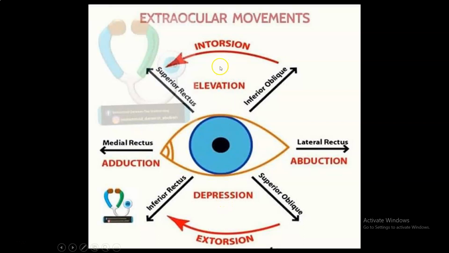It's very important. If you tell the patient, look up, it's wrong. You are testing two muscles at the same time. Look down, it's wrong. But you tell him, look upwards and laterally, and look upwards and medially, and then look downwards and laterally, and downwards and medially, to test each muscle separately.